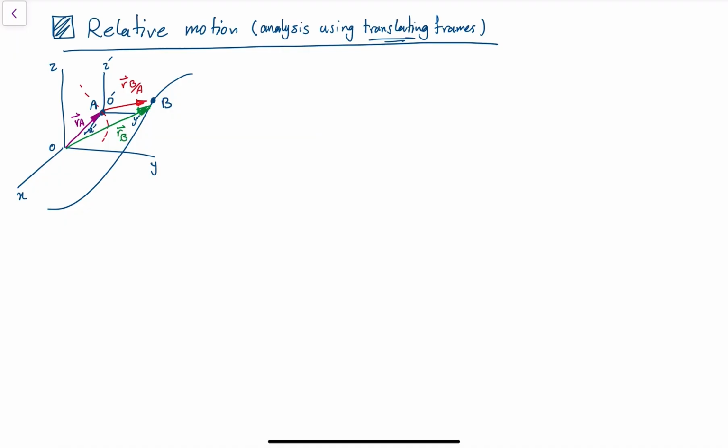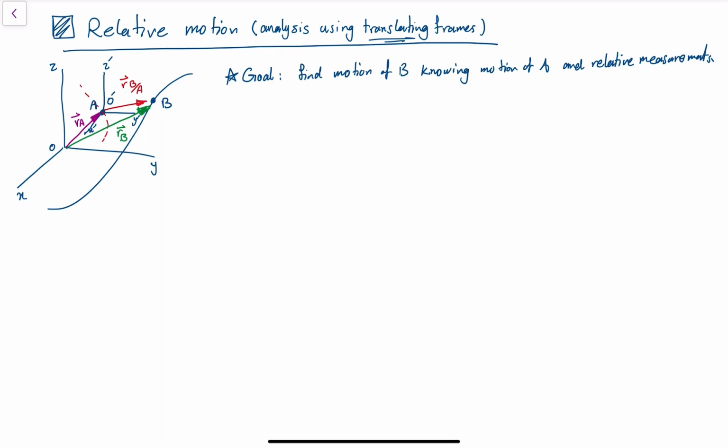So let me call this also RB, position of particle B. And we want to find motion of B knowing motion of A and relative measurements.